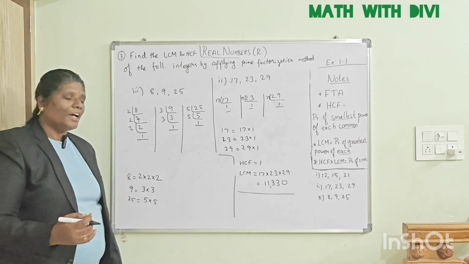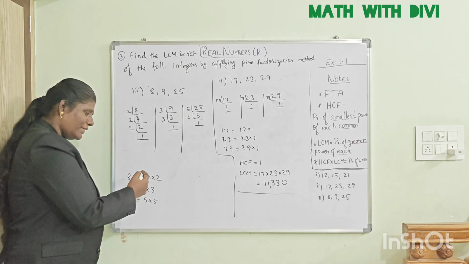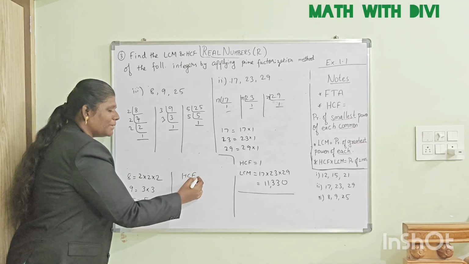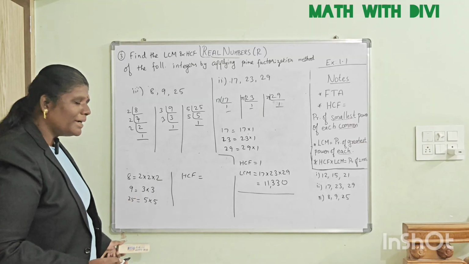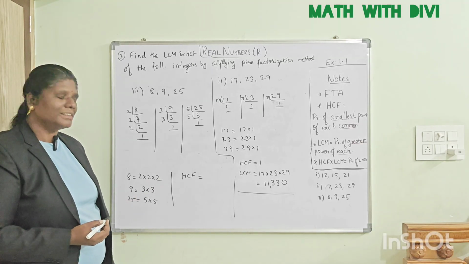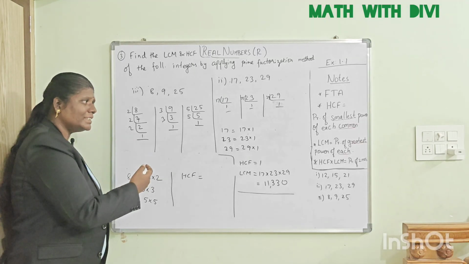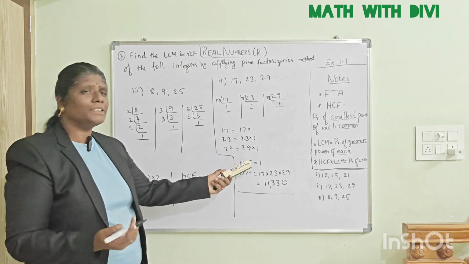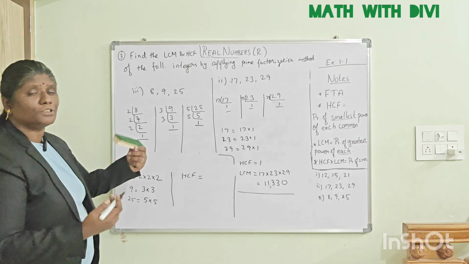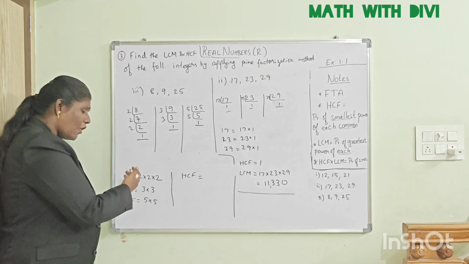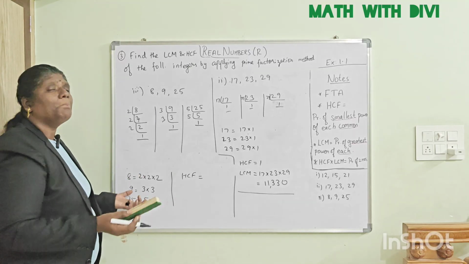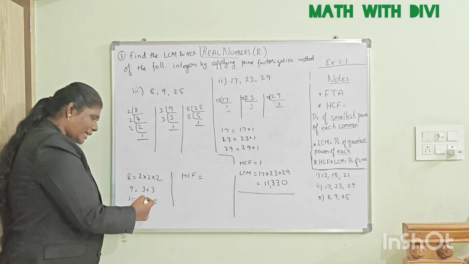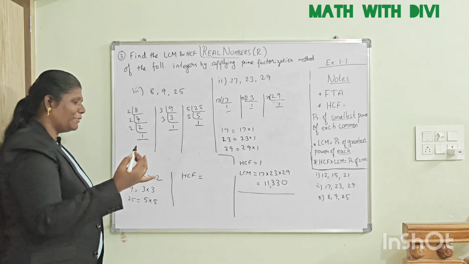Now we have to find the HCF and LCM of these numbers. What are the common factors for every number? There is no common factor. Here all are composite numbers, but there are no common factors: 2 only here, 3 only here, and 5 only here.